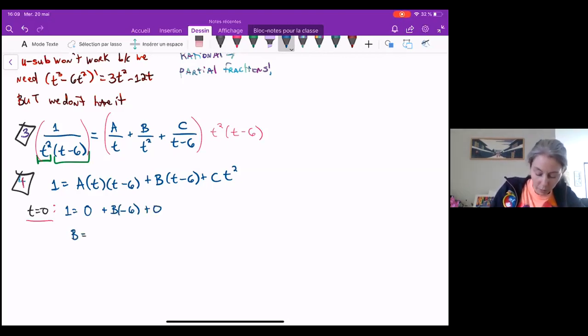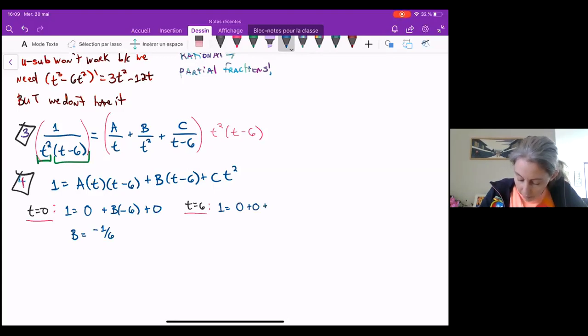So B is equal to negative 1/6. Then my second one we said is 6, so t is equal to 6. So I get 1 is equal to 0 plus C times 6 squared. So C is equal to 1 over 36.